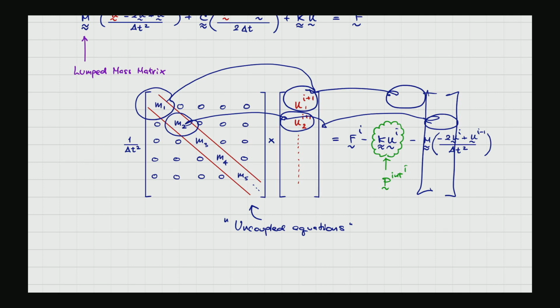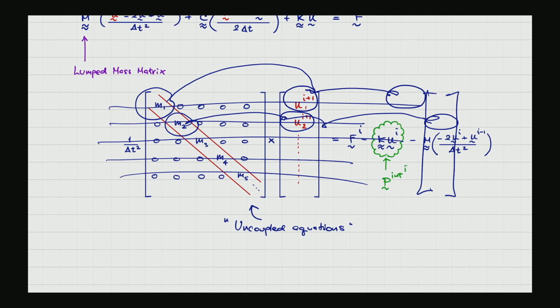So the computer will just find the u i plus 1 by taking the m1 and dividing on the other side, and then the delta t squared is multiplied on the other side, and that's it. As simple as that. Finish the first equation, go to the next equation, and next and next. But there is no matrix inversion.